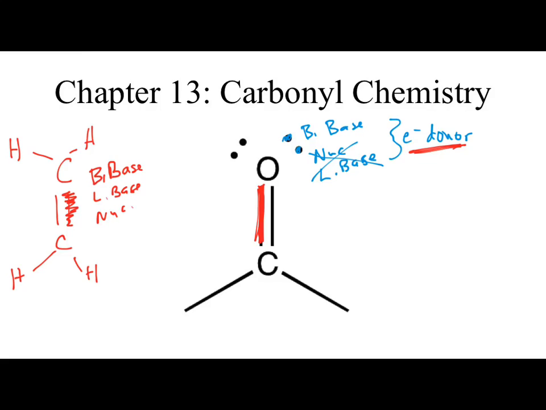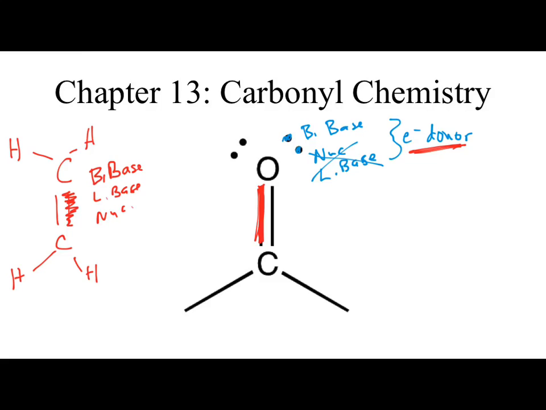When we look at the alkene, where's that pi bond located? Between carbons, same atom. When we look at the carbonyl, where's the pi bond located? Between atoms again, but between different atoms. So is that pi bond equally centered between them? No.